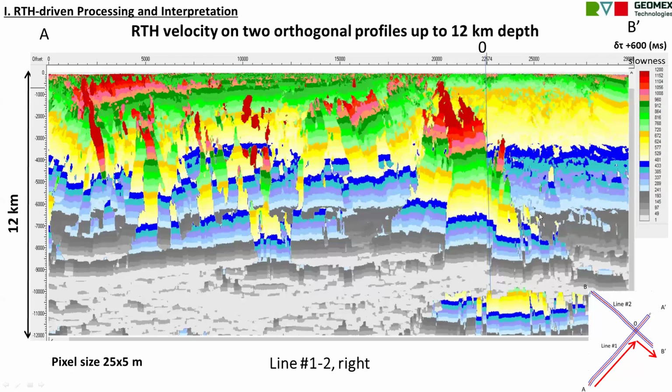How do they coincide? This is the line of two profiles. Line 2, line 1, line 2. Perfect coincidence, perfect with a precision of 5 meters from 0 to 12 kilometer.